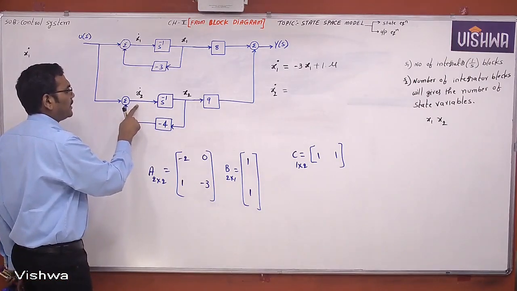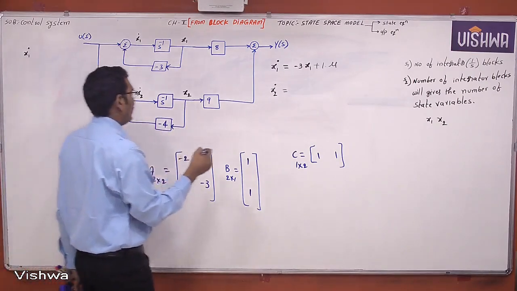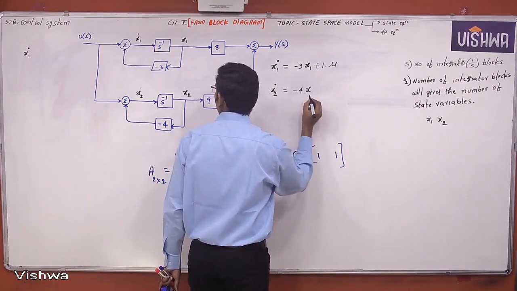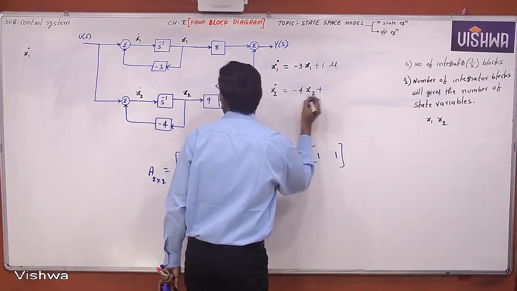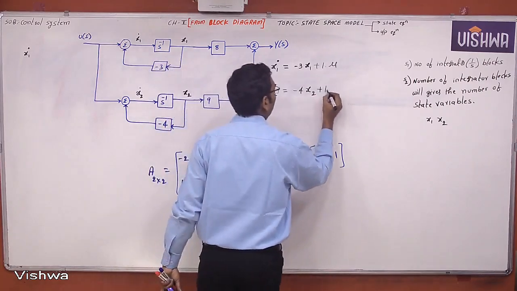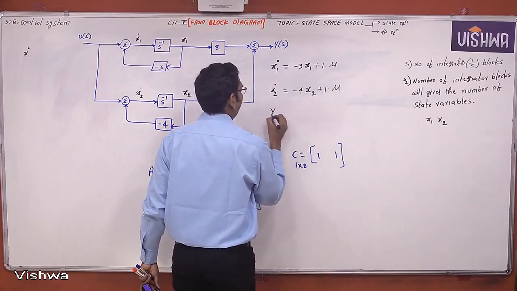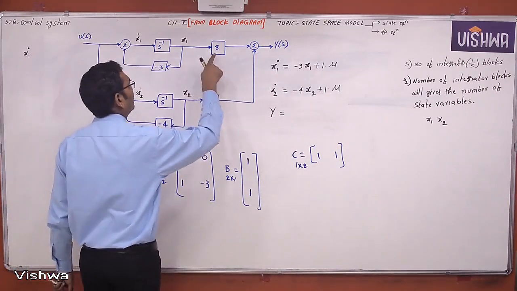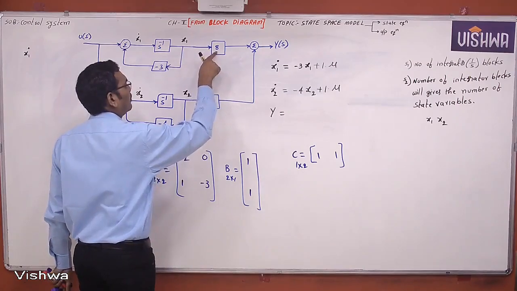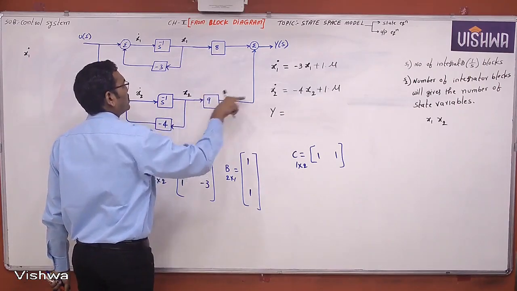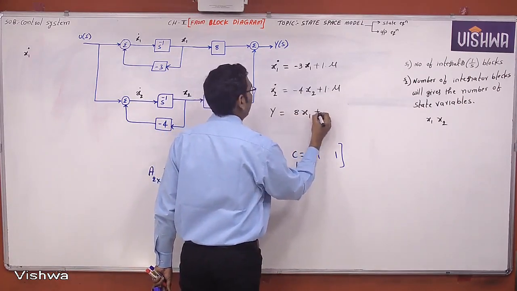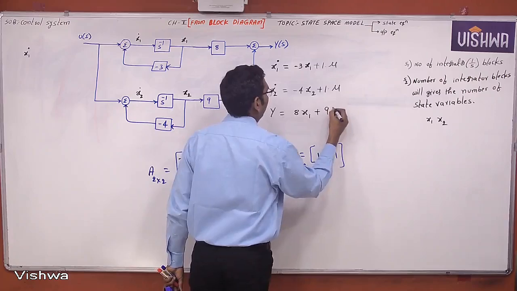Incoming branches to x2 dot: x2 is coming with -4 x2 plus 1 into u. Now y, what is y? y is x1, so x1 is coming to y, and x2 is also coming to y, with a gain of 8 for x1 and a gain of 9 for x2.